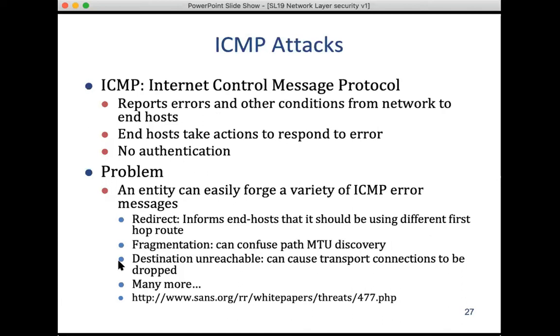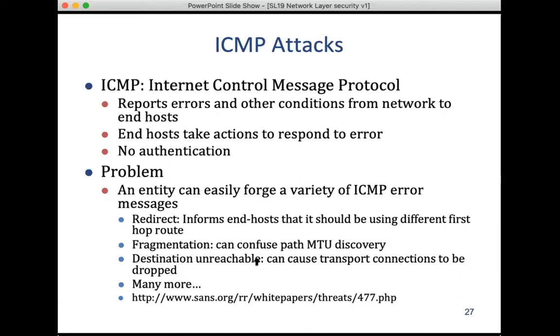Secondly, fragmentation. As we discussed earlier, if the packet size is larger and a node in between is not able to process it, maybe there is a problem at a layer 2 switch, it is not able to handle large size packets, then the packet has to be fragmented. Now, there is another message which says destination unreachable.